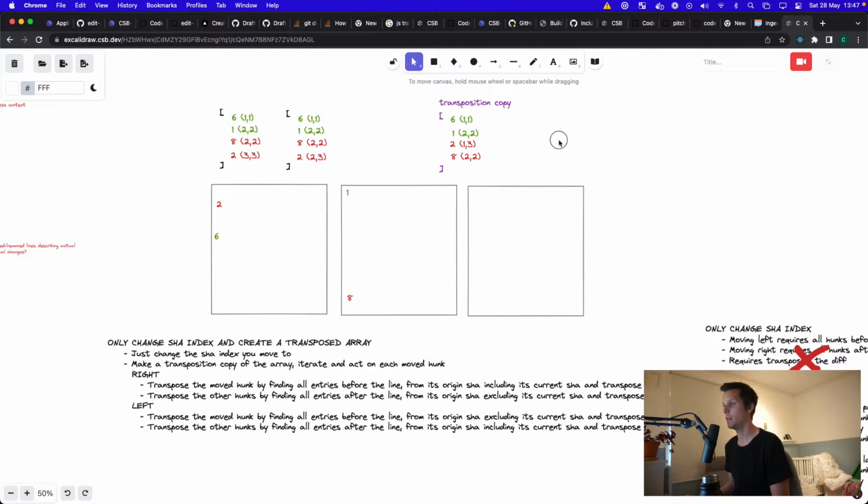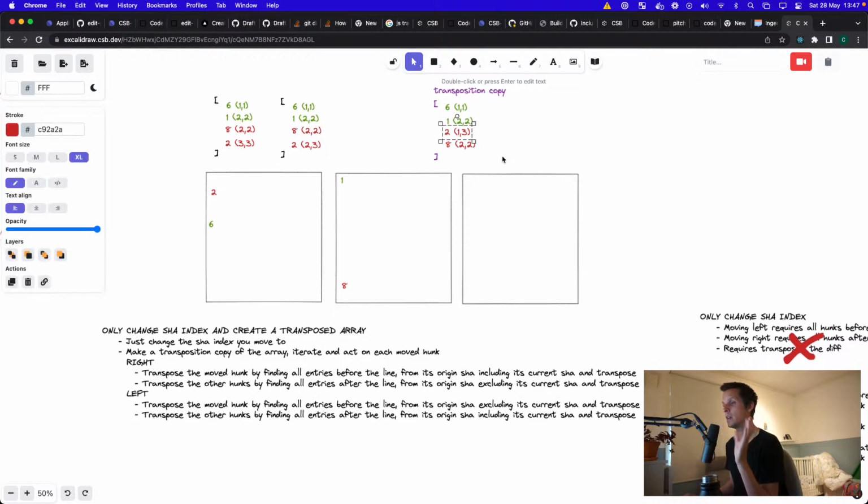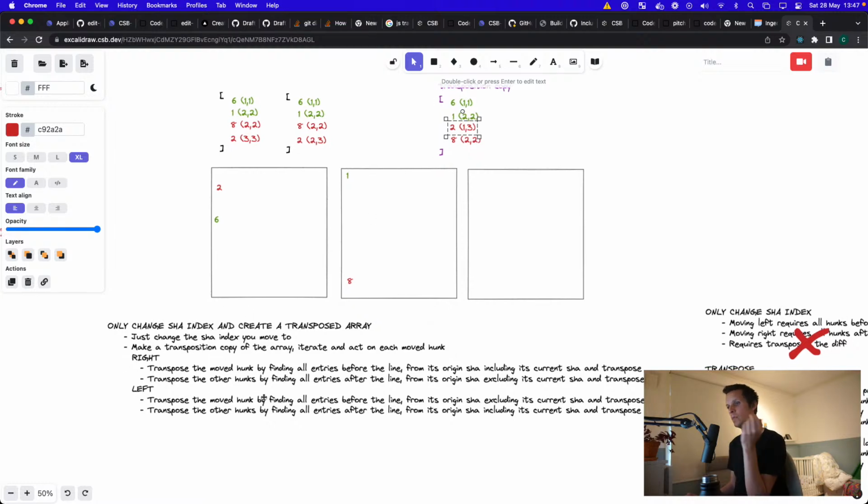Let's move it to 1. So again, we go through the array, we find this number 2, transpose the moved hunk by finding all entries before the line from its origin SHA, excluding its current SHA. And that means now this 1 is actually there, and it will transpose this to 1.